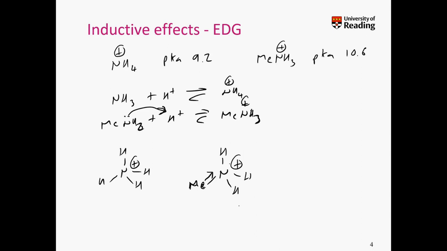So it has a twofold effect. One, it pushes electrons into the nitrogen, making the electron density on that nitrogen higher and therefore more able to react as a base to pick up the proton. And two, once it's picked up the proton, the positive charge that appears on the nitrogen can be stabilized by that donation of electrons into the nitrogen from the methyl group.